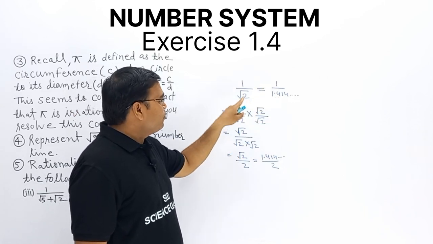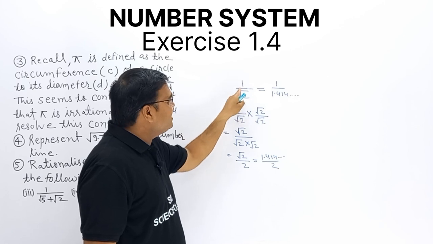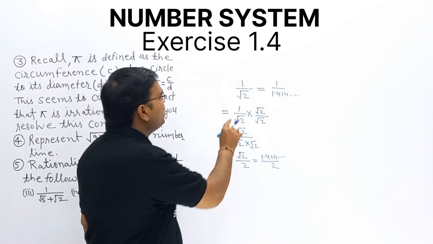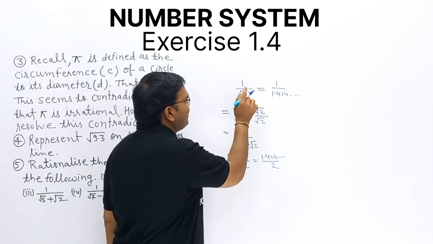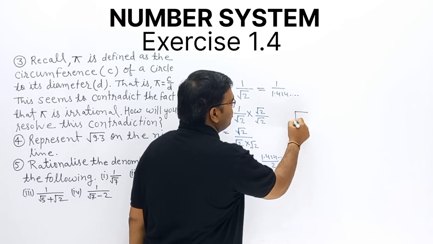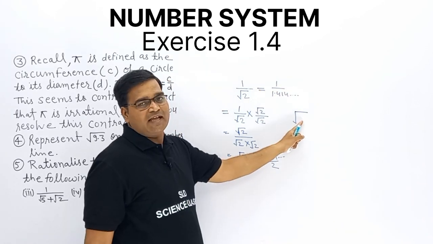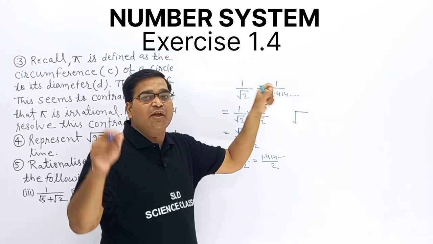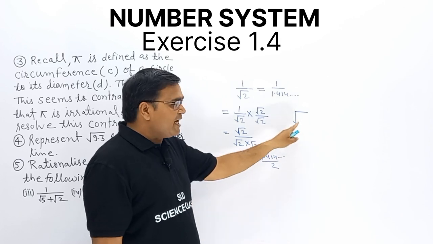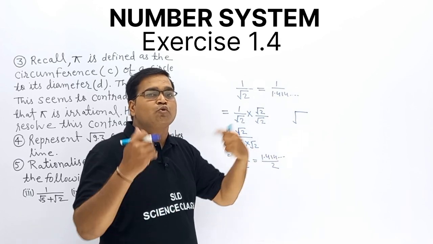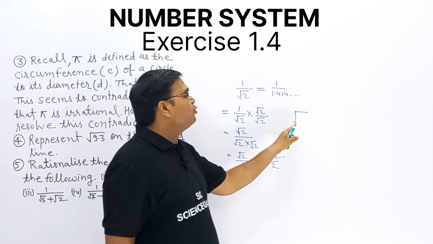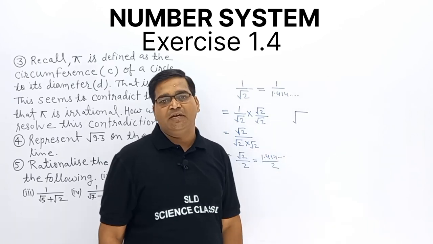So for the removal of this radical sign, radical means what? This root, the square root, is the radical sign. If we have a radical in the denominator and we want to solve, first we remove this radical from the denominator.